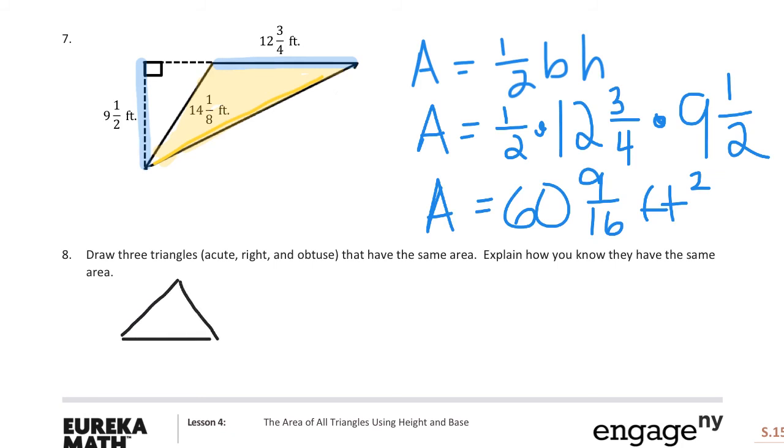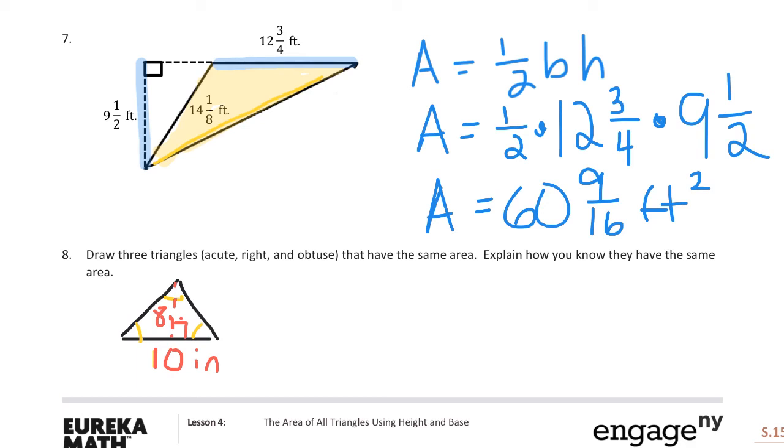The simplest one to draw is an equilateral triangle. All 3 angles, if I were to measure them, are smaller than a right angle. And I label my base. I'm going to just use 10, and I can choose whatever label I want. And then I draw in a line to show my height, and I pick a number for that. So I'm going to say 8 inches.